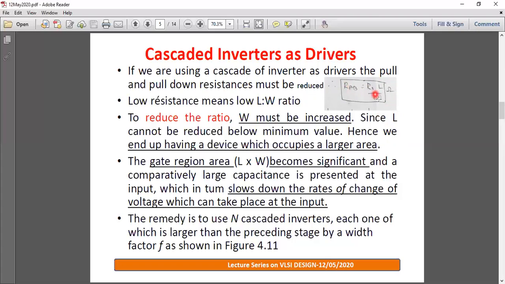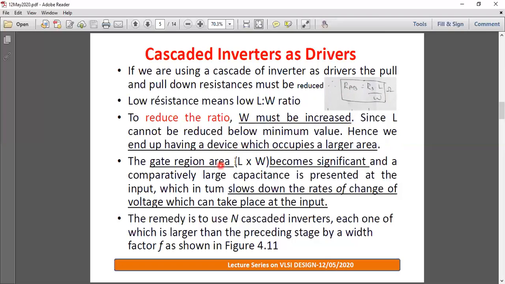See, R is inversely proportional to width. To have minimum R value, we need to increase the width. Minimum resistance, minimum delay. So to have lower resistance, W is increased. But if you increase W, we end up having a device which occupies larger area.